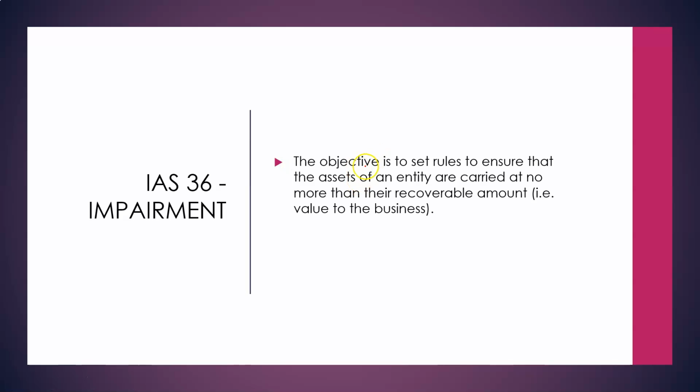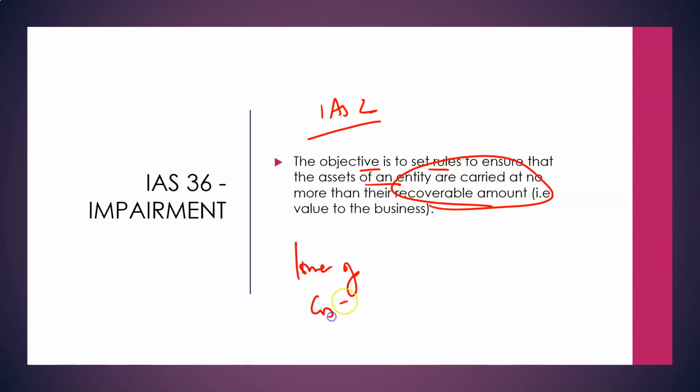So the objective here is to set rules that ensure that the assets are carried at no more than their recoverable amount. We'll do enough examples, but the principle is very much going back to IAS 2, which you know a lot about, where we recognize assets at the lower of cost.